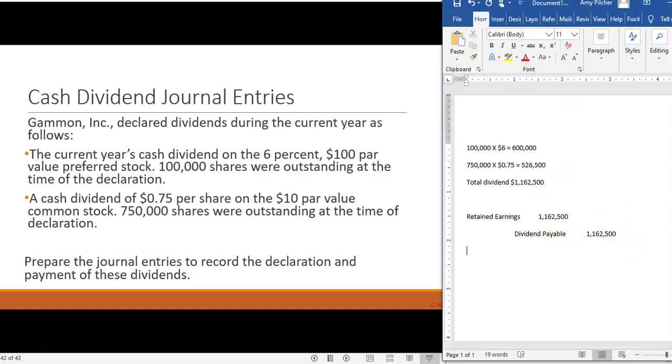On the date that we pay that amount, we will debit the dividends payable for $1,162,500 and credit cash for that payment.